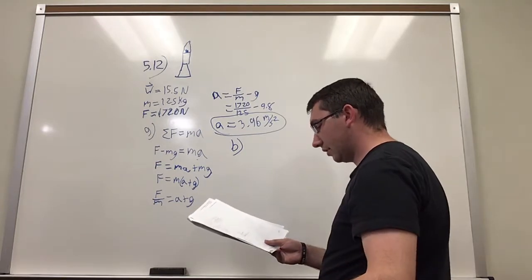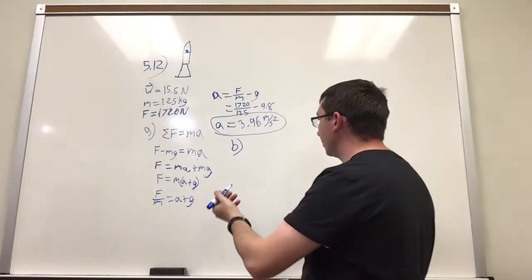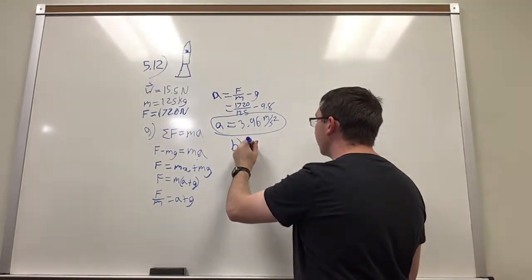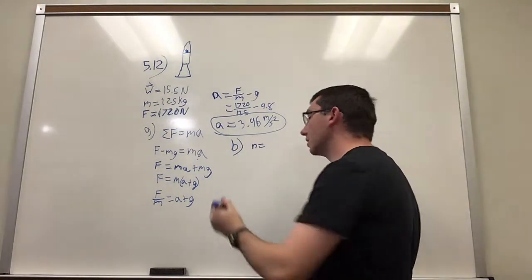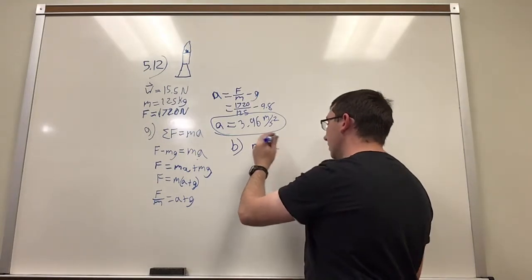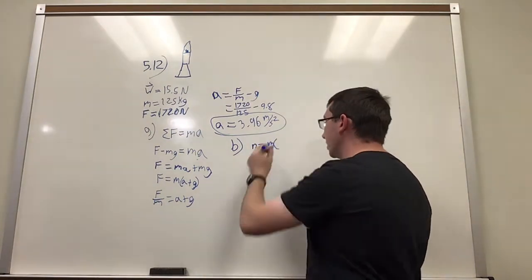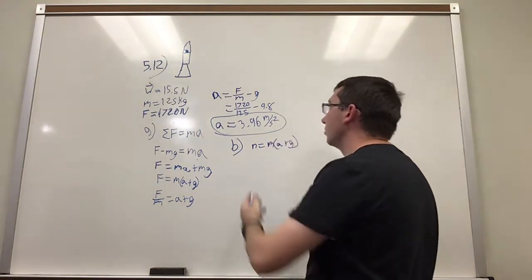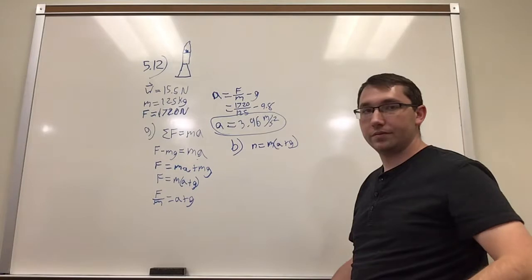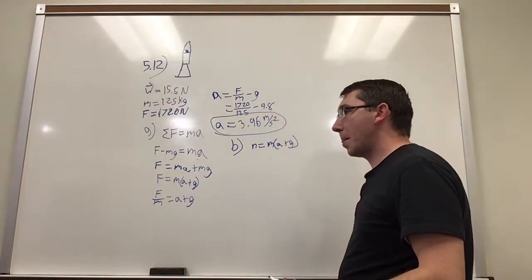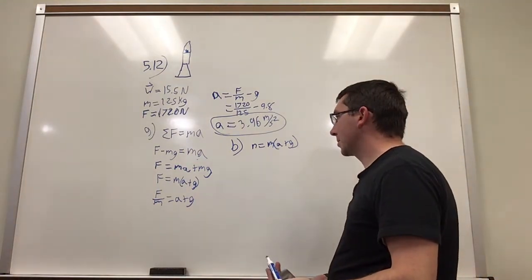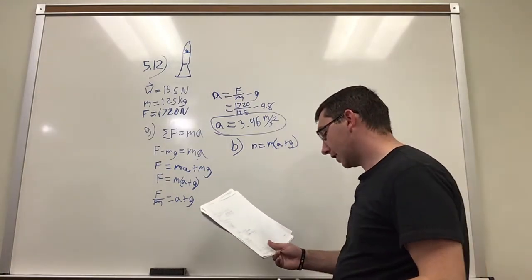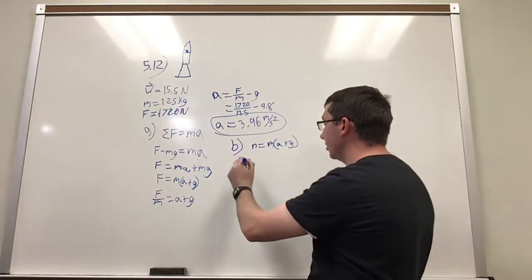And so for that, we're going to use the equation that it's the normal force, but that's going to be equal to the mass times the acceleration plus gravity, because that's going to be the force that the floor exerts on the box. And we're going to use this acceleration.